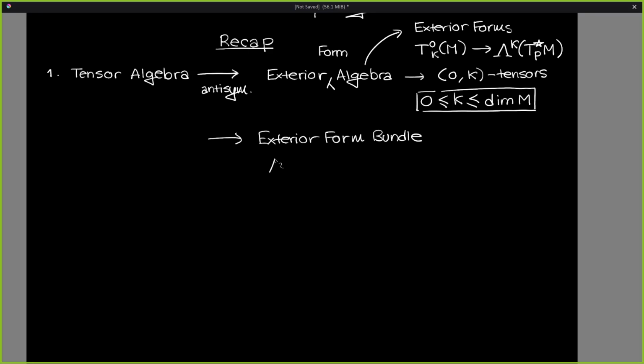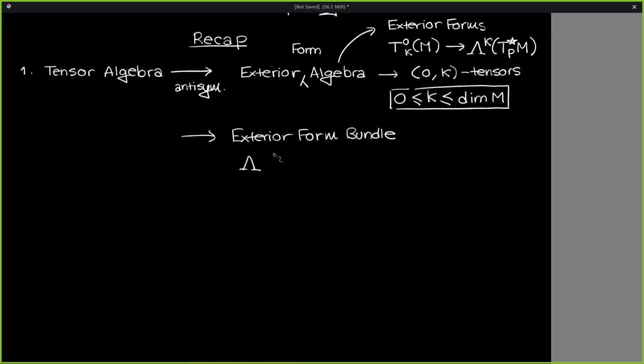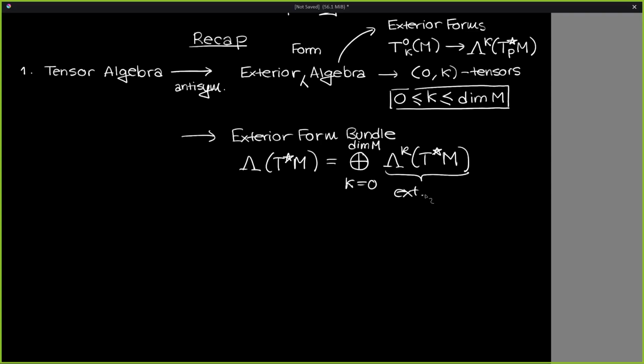This is lambda of T star M, as opposed to T_p star M, which is the direct sum over k from 0 to the dimension of M of lambda k T_p star M, or lambda k T star M. There we go. So these are all the exterior k-forms.